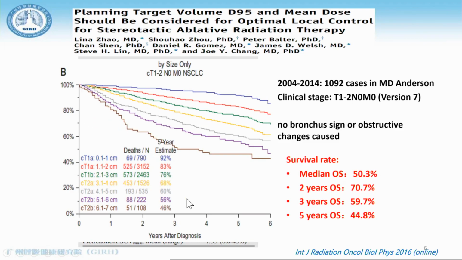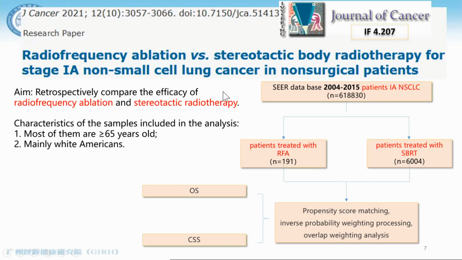It shows that for lesions with a diameter less than 2 centimeters, the 5-year survival is more than about 85%. So SBRT seems to be a good method for treating lung cancer.